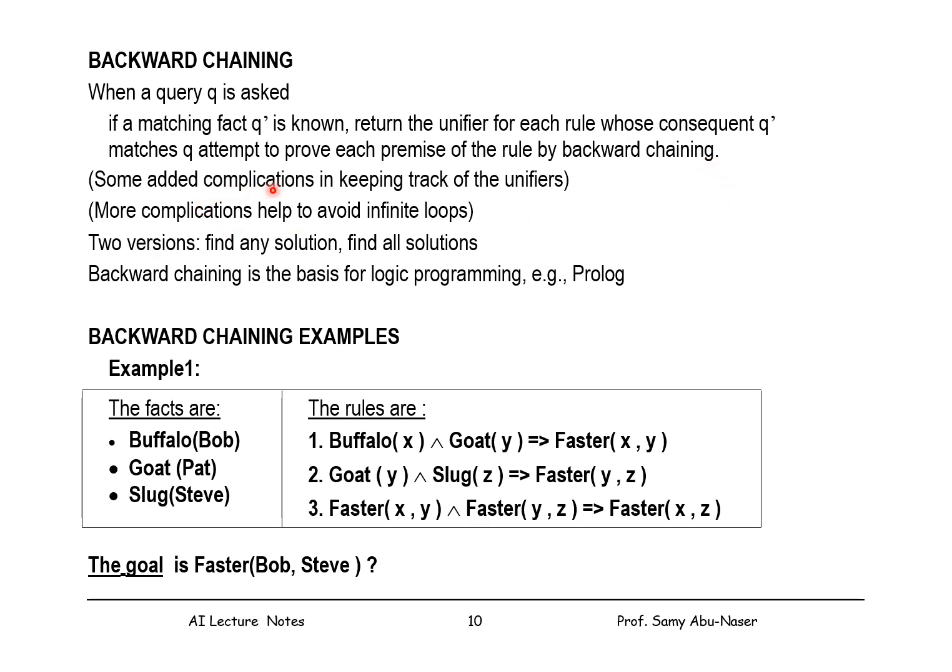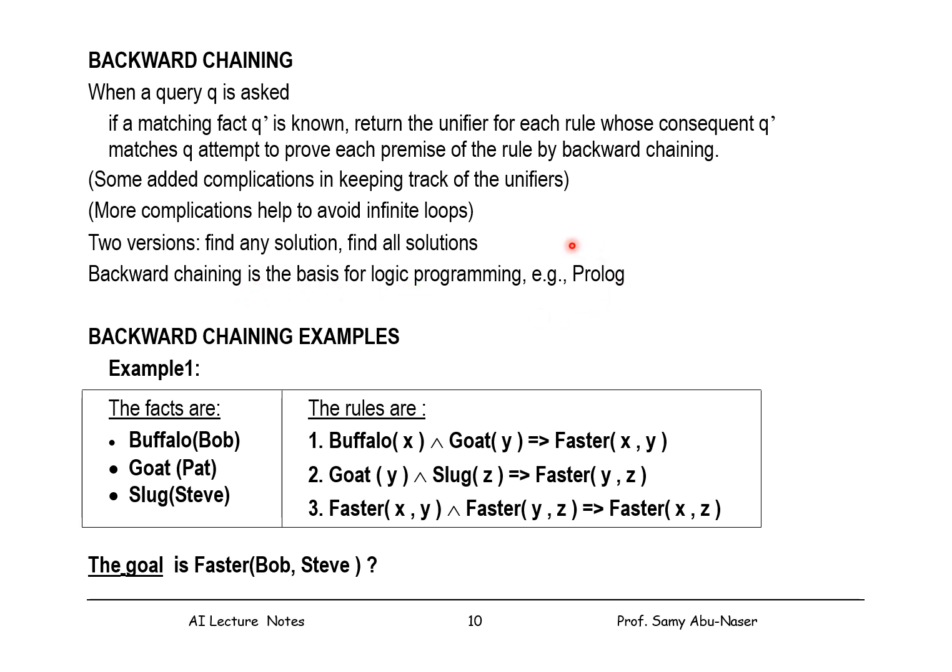Some added complications are in keeping track of the unifiers. More complication helps to avoid infinite loops. There are two versions: find any solution, or find all solutions. Backward chaining is the basis for logic programming.